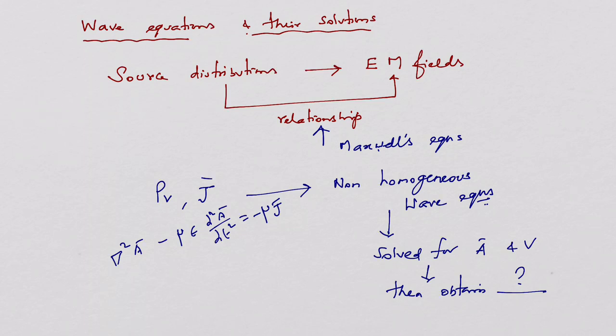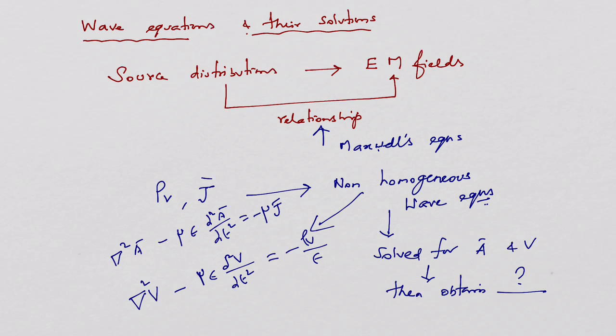The second one is in terms of scalar potential: del squared V minus mu epsilon into dou squared V divided by dou t squared is equal to minus rho V by epsilon. So non-homogeneous wave equations are solved with the help of the knowledge of rho V and J.